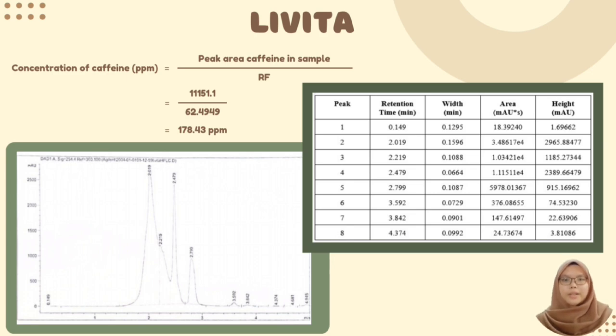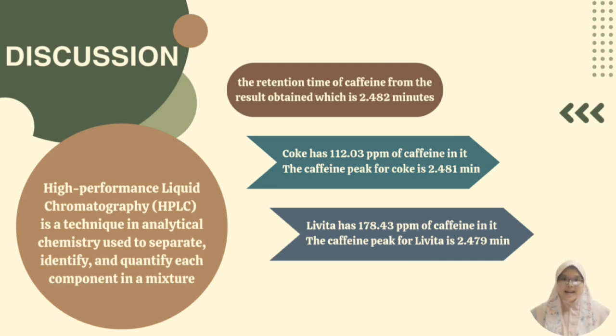So, the peak area chosen is equal to 1.11511 times 10 to the power of 4, which is equal to 11,151.1. Then, divide it by the RF we calculated earlier, and we will get the concentration of caffeine in Levita drink, which is equal to 178.43 ppm.